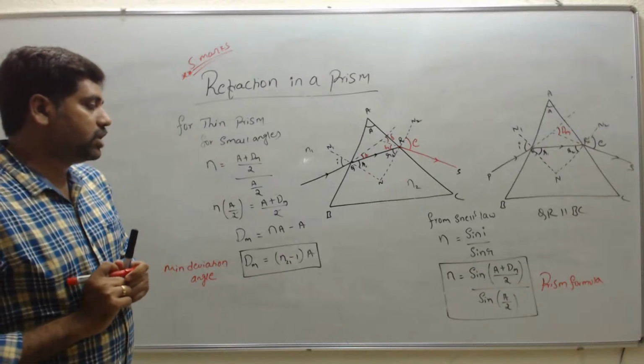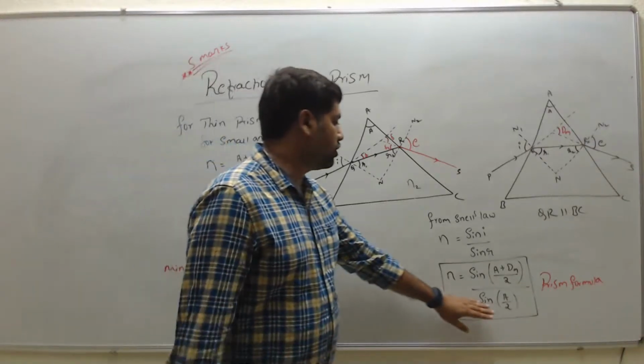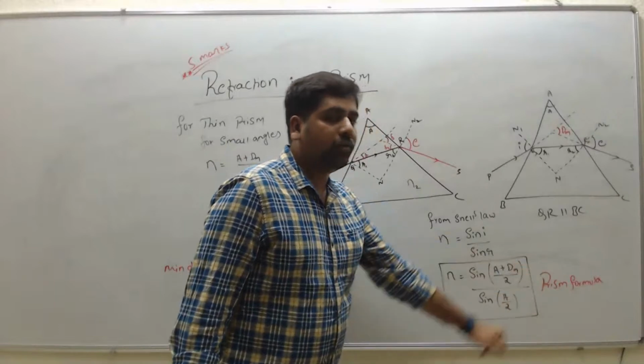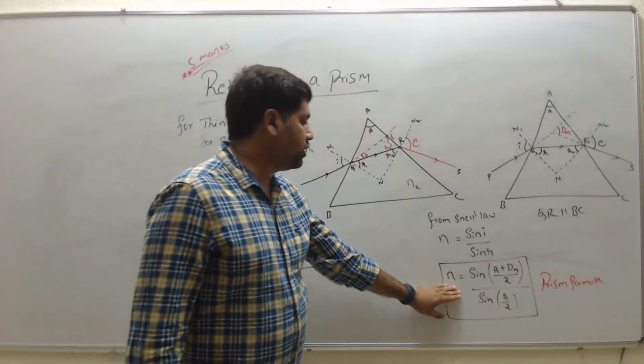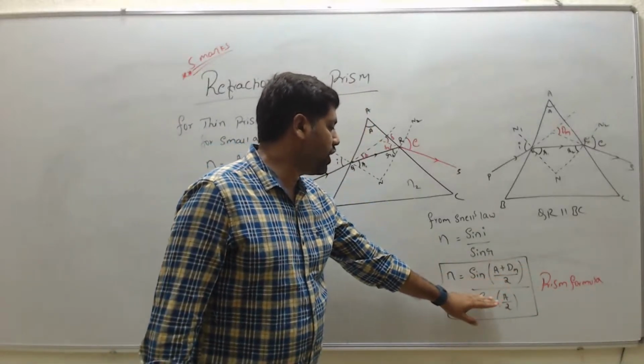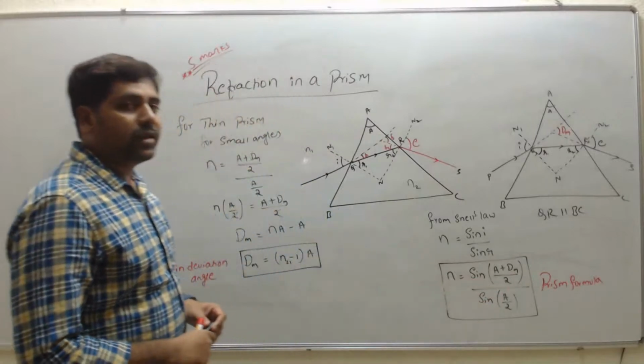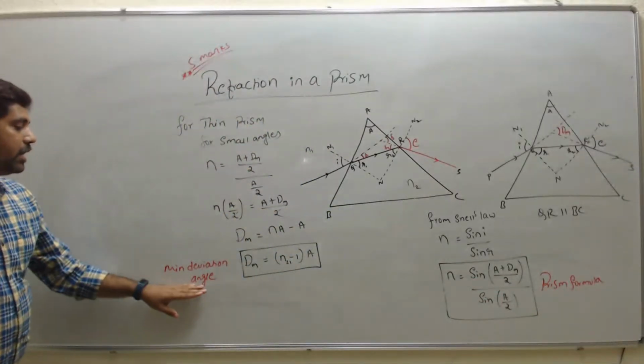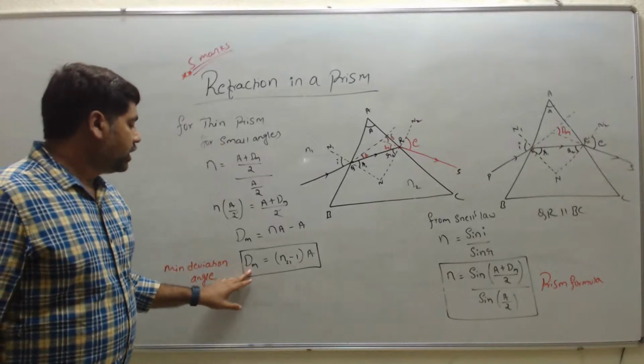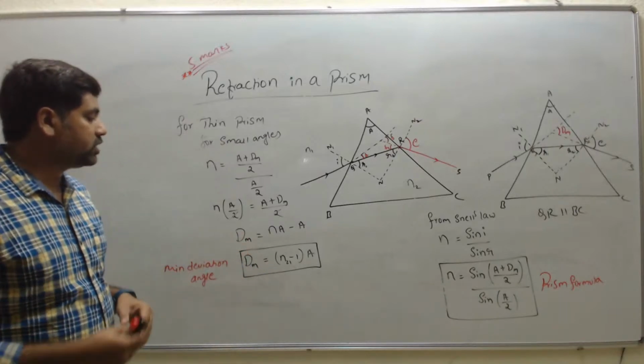We have to derive the prism formula, which is n is equal to sin of (A plus Dm by 2) divided by sin of A by 2, where Dm is the minimum deviation angle.